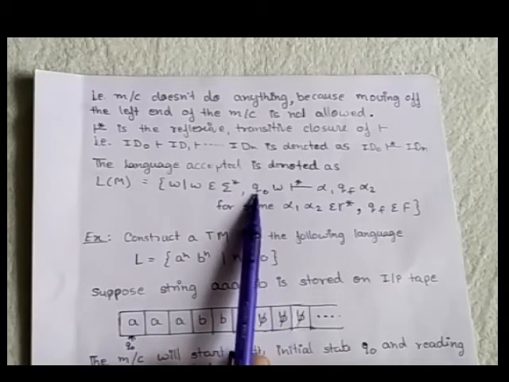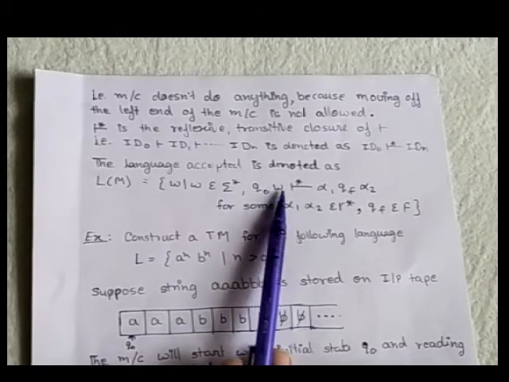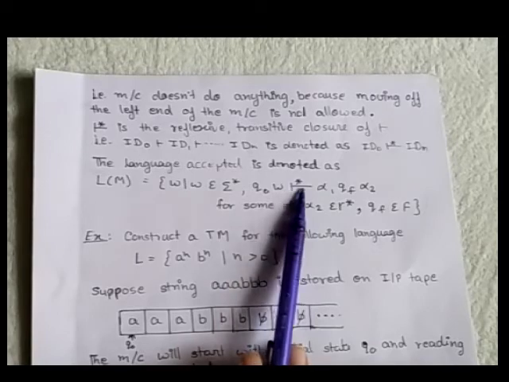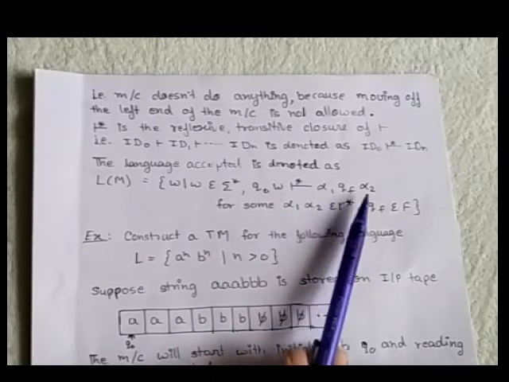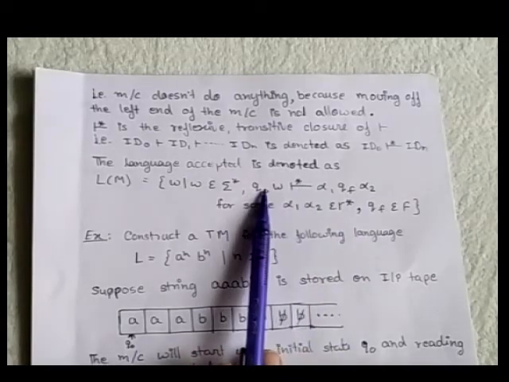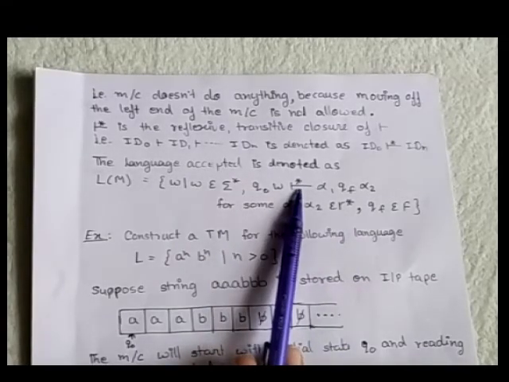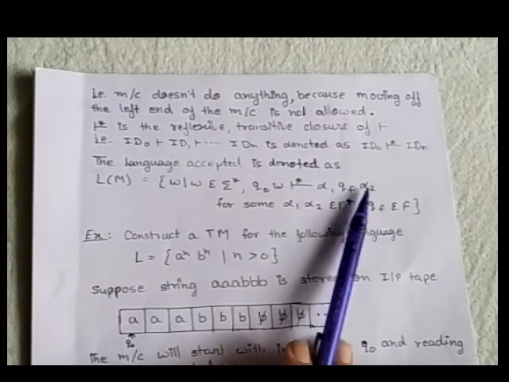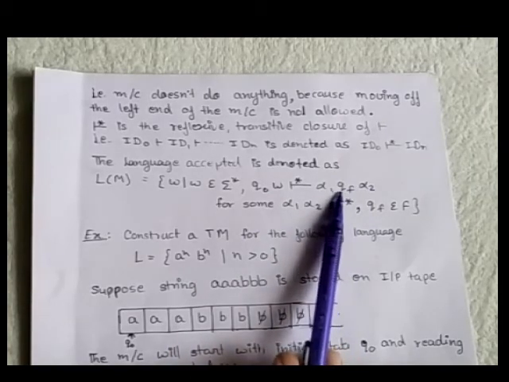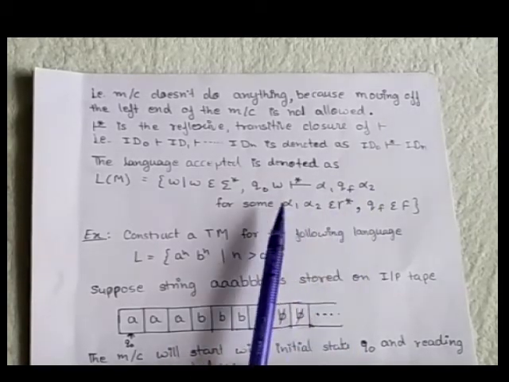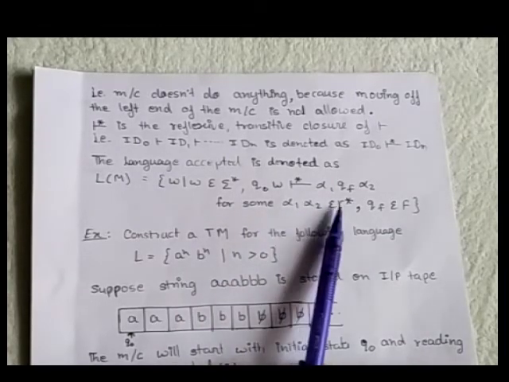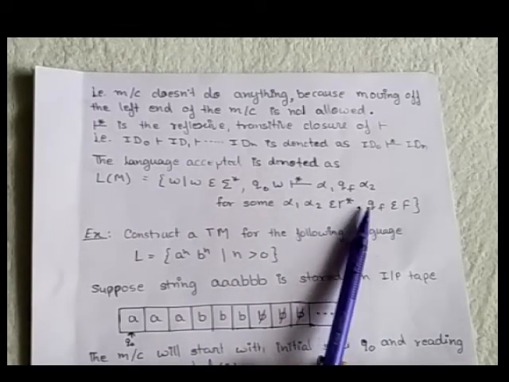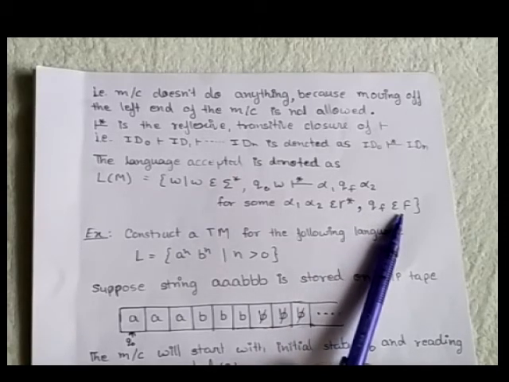We start with the initial ID q0 w, and after performing some operations we go to the final ID, and finally to the final state qf, where alpha 1 and alpha 2 belong to gamma star and qf belongs to the set of final states.